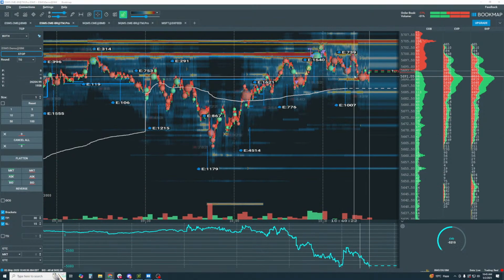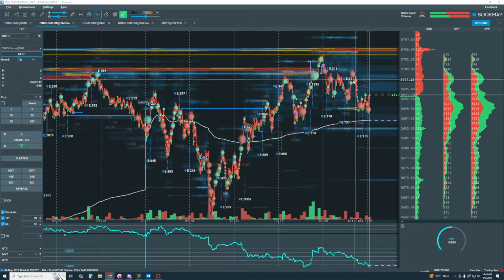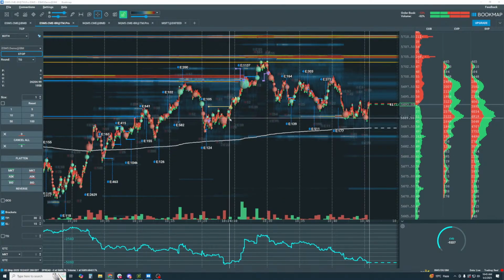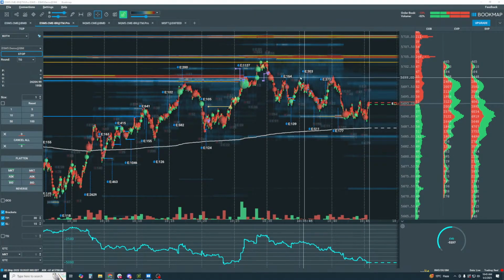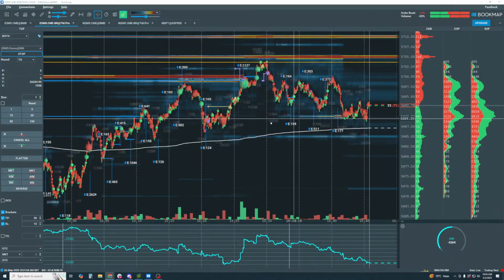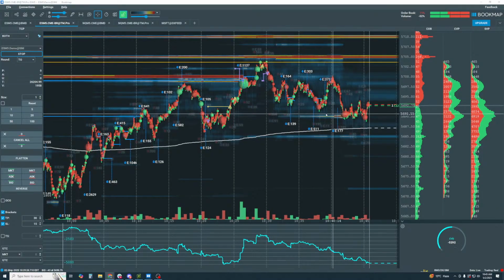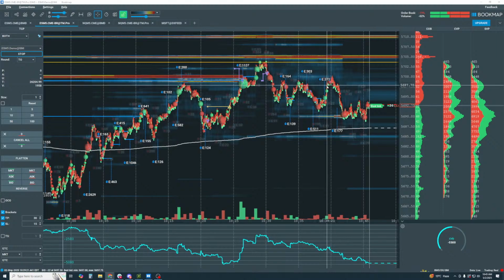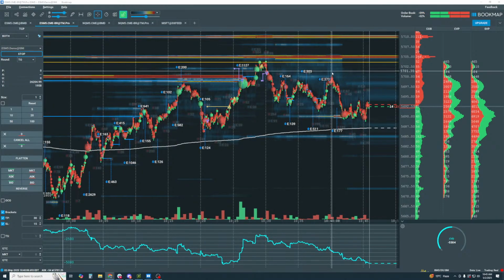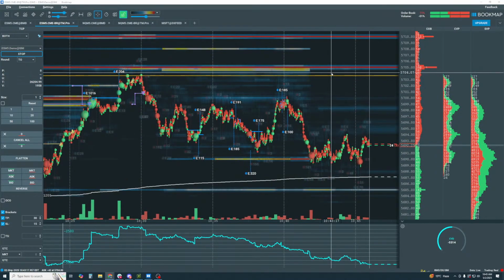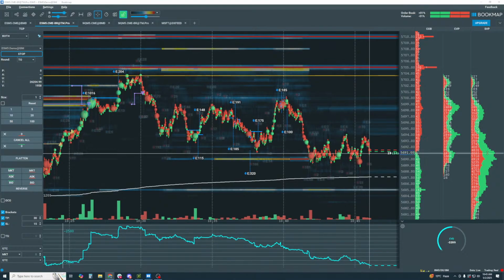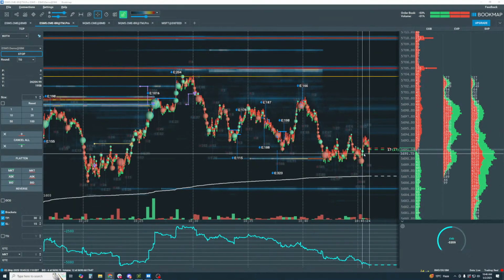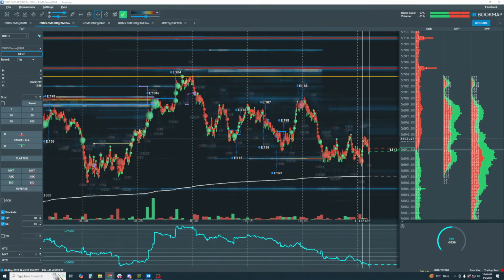Bigger picture is actually kind of convoluted. This medium time frame in here looks like a potential head and shoulders, and it's still holding in there. It hasn't broken yet. And we're right at the point of control again, in this kind of choppy area.